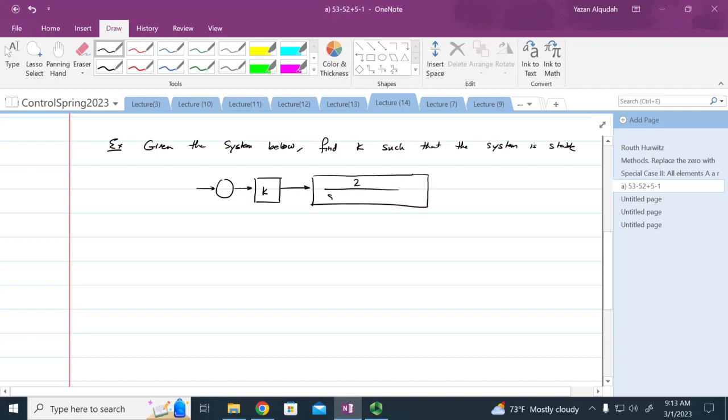We have 2 over s cubed plus 4s squared plus 5s plus 2.